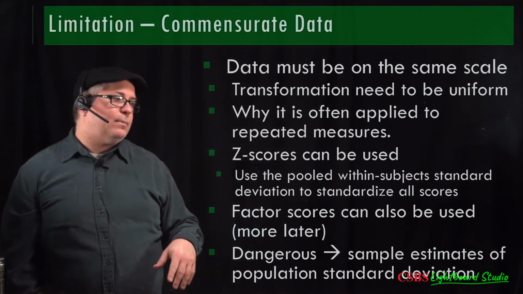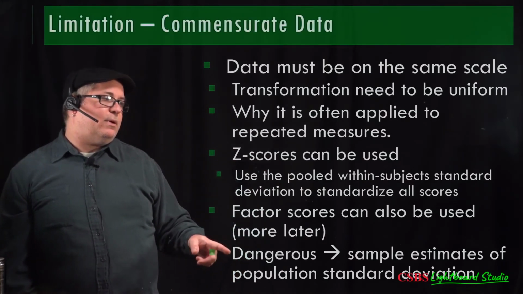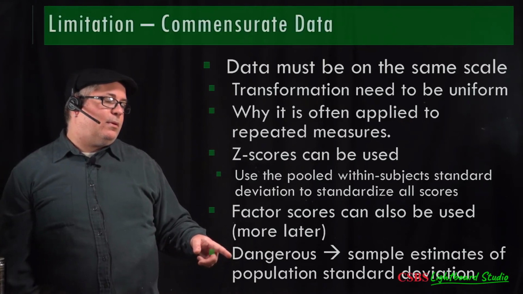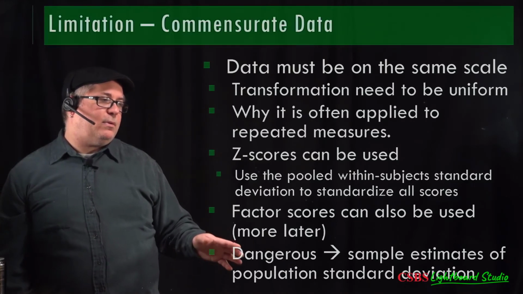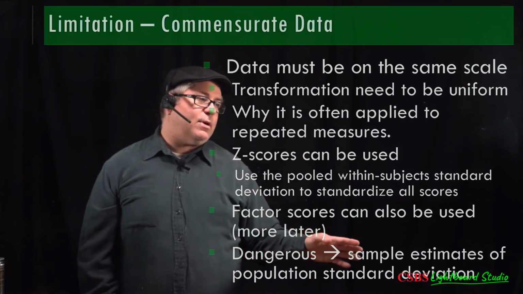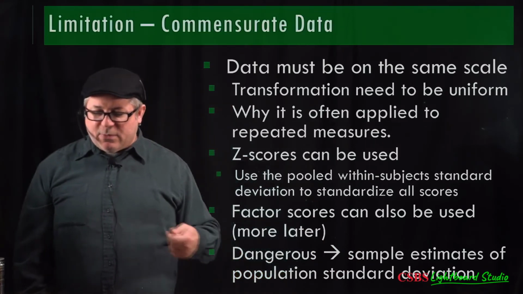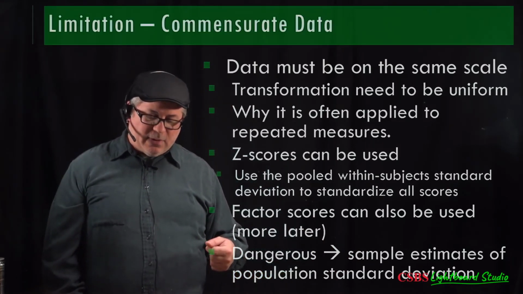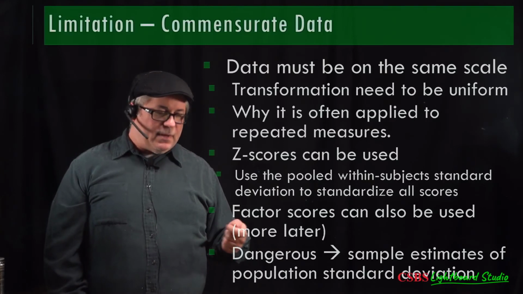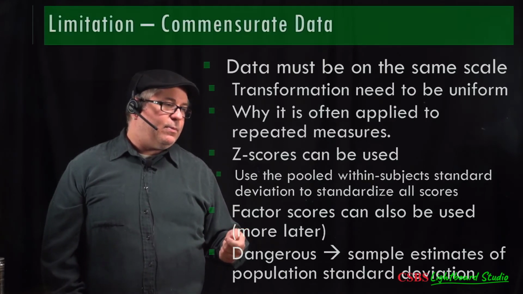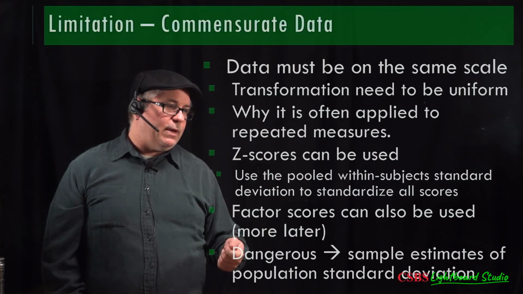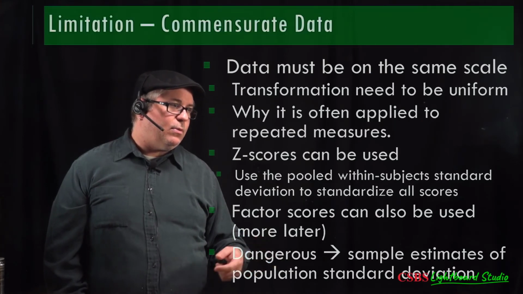And all this stuff gets problematic because we're dealing with sample estimates of population standard deviation. The more you're trying to get a good estimate of the population value, the more likely you're going to fail at it and not really get to a point where you want.